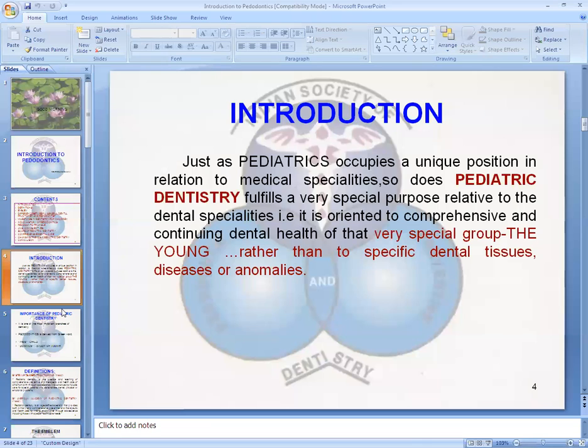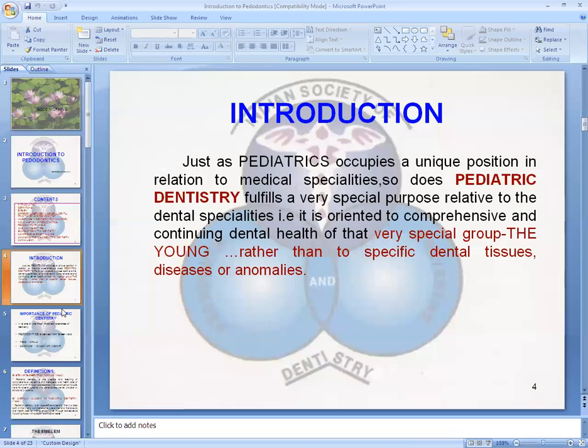So in brief introduction, you can write that as pediatrics is a branch of medical specialty, pediatric dentistry is also a branch of dental specialty with a very special purpose. And what we do in pediatric dentistry is the comprehensive dental health of a special group, that is, the young children.